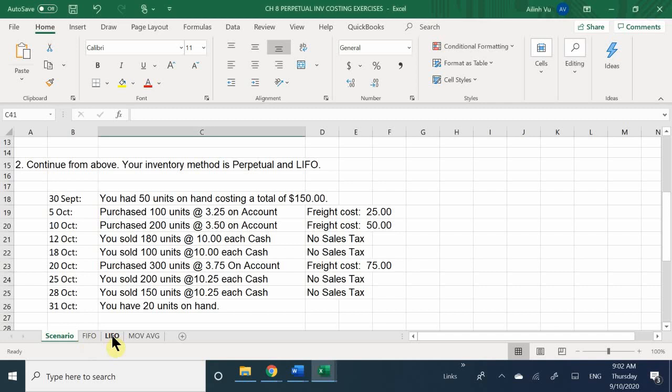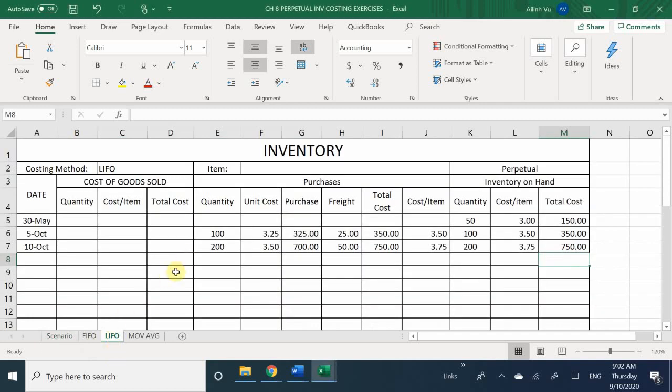On October 12th, we sold 180 units. Yes, because we're taking from the very last batch, which has 200, which covers the entire thing.